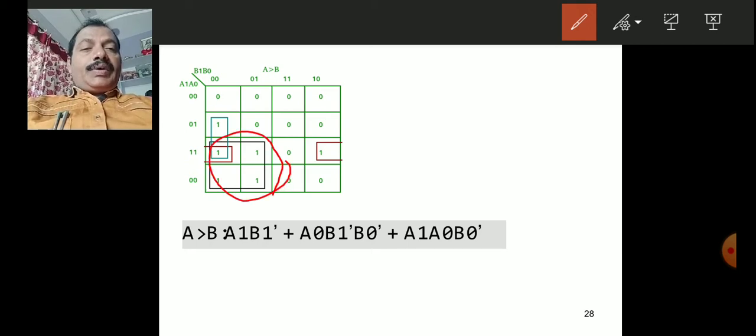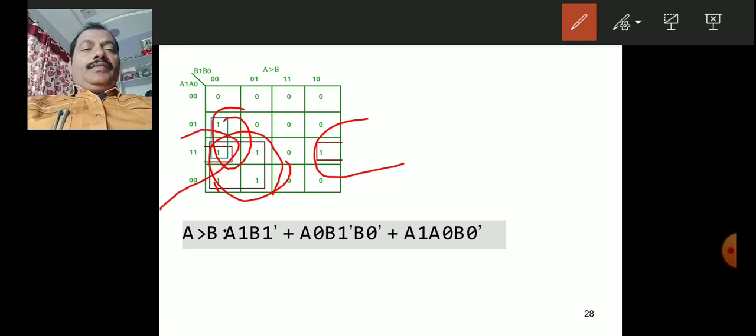This is one quad and two pairs are there. This is one pair and this is another pair. So two pairs and one quad are available in the K-map. So let us write the simplified expression for the A greater than B output.